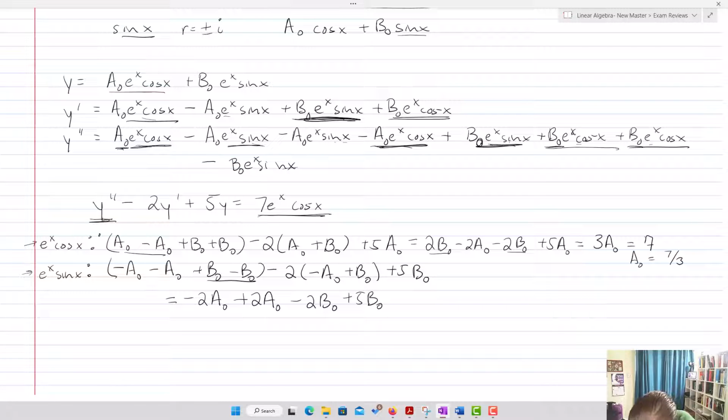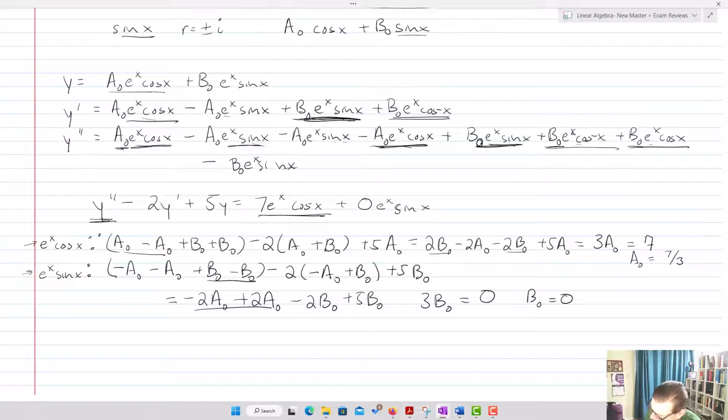And so what I get now, the a naughts are going to cancel, so I get 3b naught is equal to, and now notice that I got plus 0 e to the x sine x, right? So this is going to end up equaling 0, so b naught does end up equaling 0 in this case.